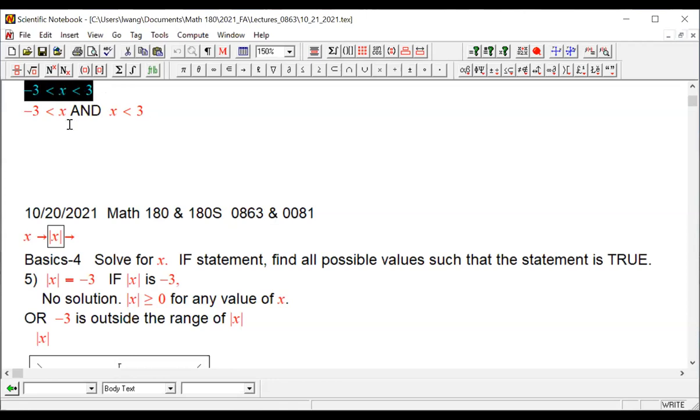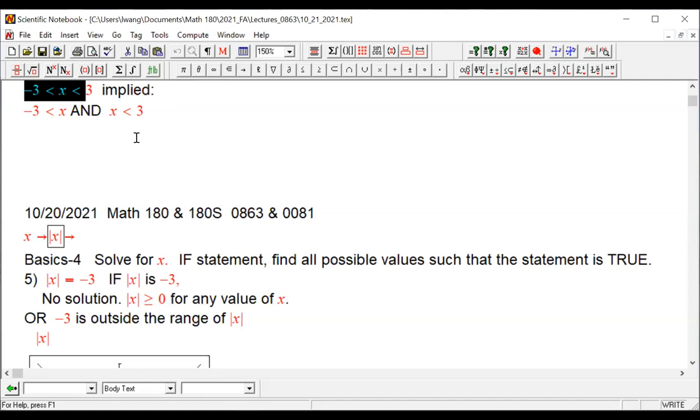So this is the shorthand notation of that. Because these are two inequalities, we write it in shorthand like this. This also tells us only in the AND case can we write it this way.